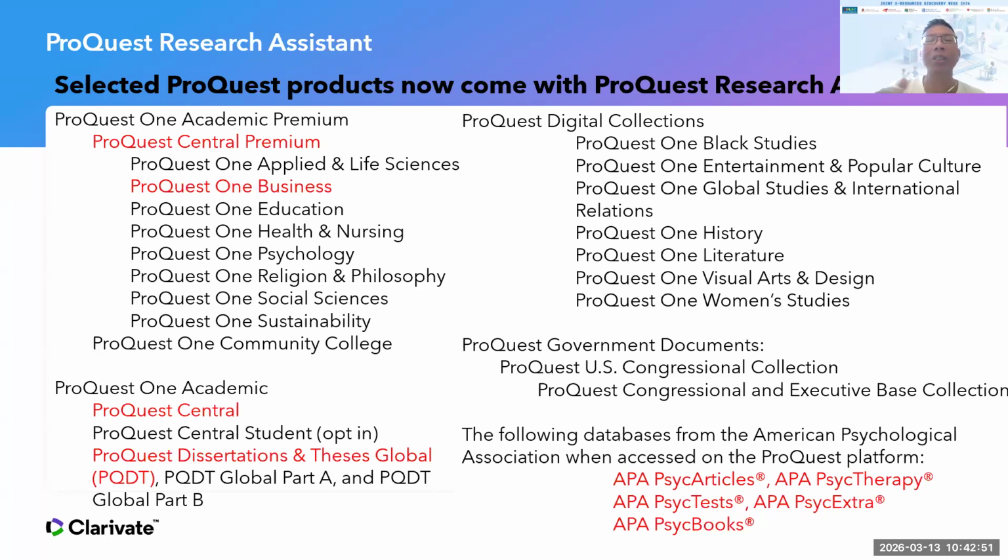Then once your school subscribes to any of these collections, and the article you are interested in contains full text, it is likely you will see the AI. Another possibility you don't see the AI is maybe because the publisher does not want AI on its content. Maybe my school subscribes to, for example, ProQuest Central.